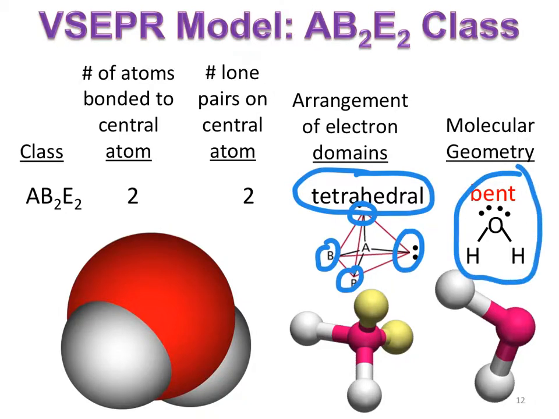Those 2 sets of lone pairs push the other two closer together. And the bond angle that we would expect to see here, though not 109.5, is much less than 109.5. In water, the bond angle is close to 104.5 degrees.